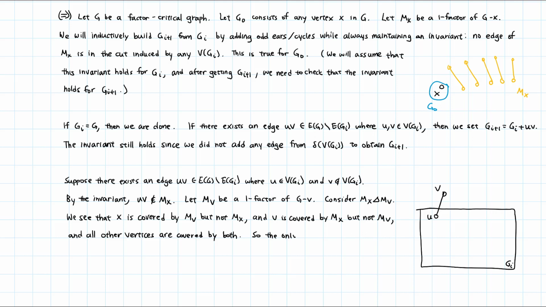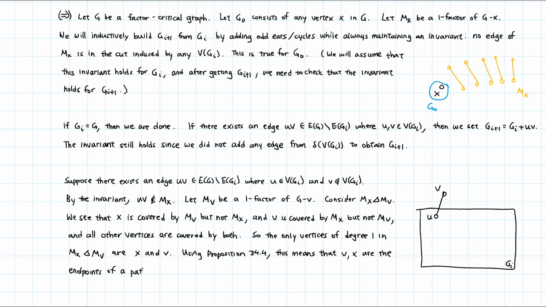So the only vertices of degree 1 in Mx delta Mv are x and v. Using our proposition above, this means that v and x are the endpoints of a path in Mx delta Mv. And let's say this path is v0 to vm, where v0 is v and vm is x.